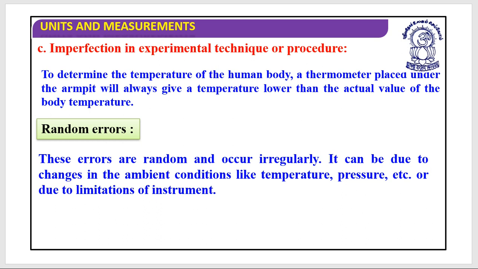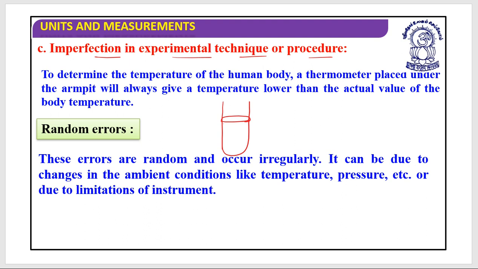And next is the imperfection in experimental technique or procedure. There are so many times this happens that we don't know the exact or correct technique to perform an experiment. Let's say a test tube is there. I hope you know the test tube. And a certain liquid is filled up to this level.